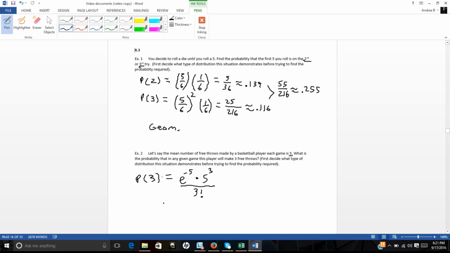Again, this formula is in your book, but it's also written out this way. Remember this symbol that looks kind of like a cursive U? This symbol is for your population mean. So you have that, and then you have your mean to the x power all over x factorial, where x is the number inside the parentheses that you're trying to find the probability of.